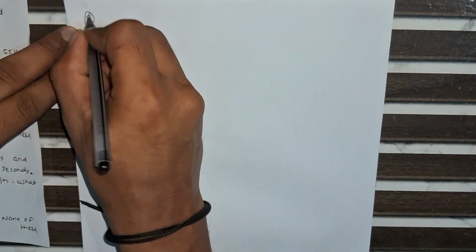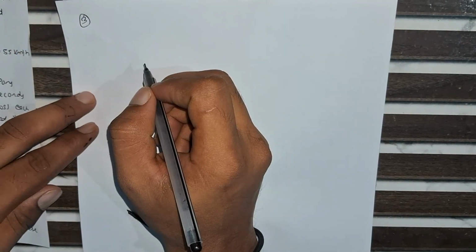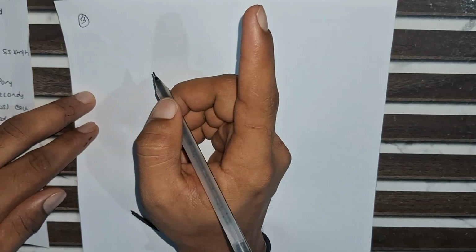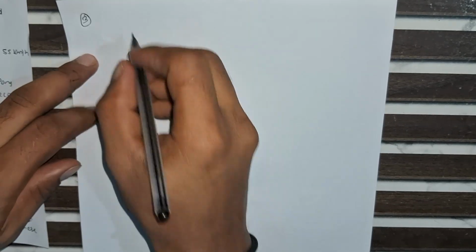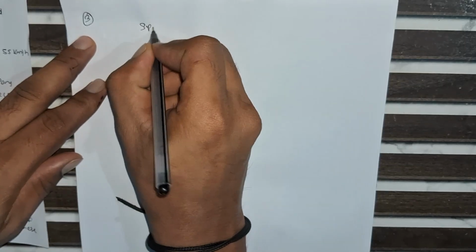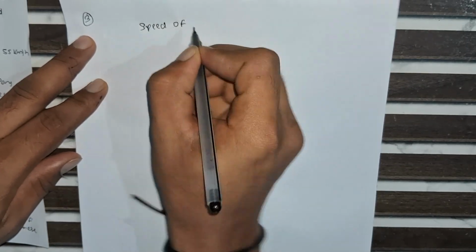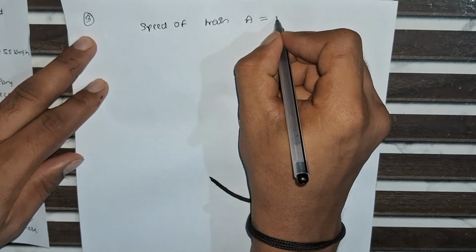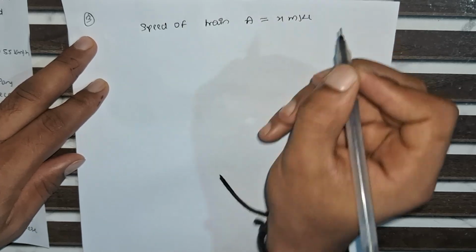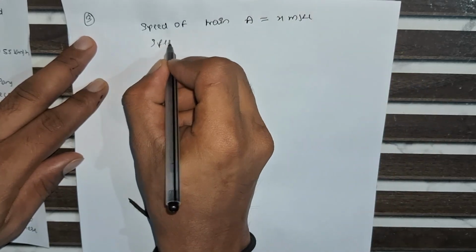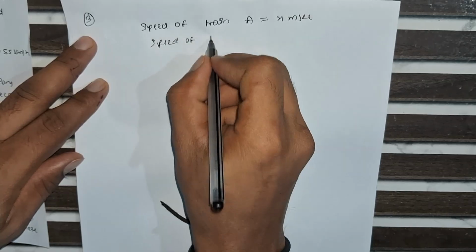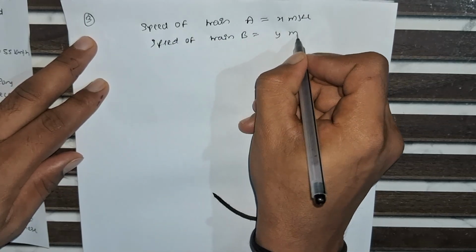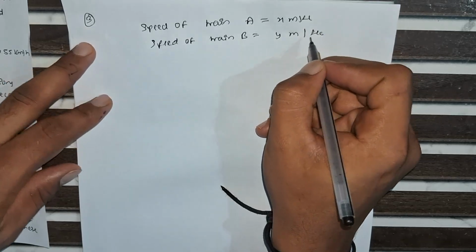This is problem number 3. In this case, we consider the speed of the two trains to be x meter per second and y meter per second. Speed of train A we consider x meter per second and speed of train B is equal to y meter per second.